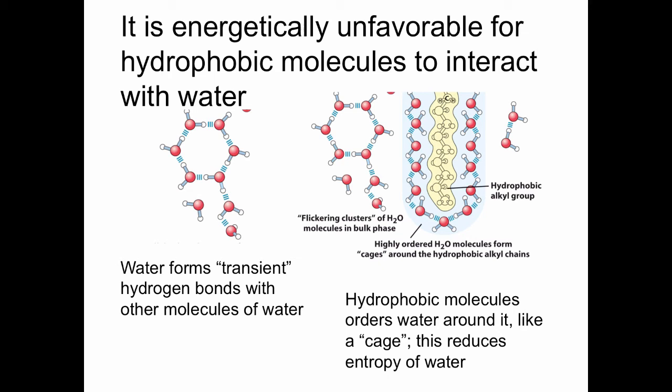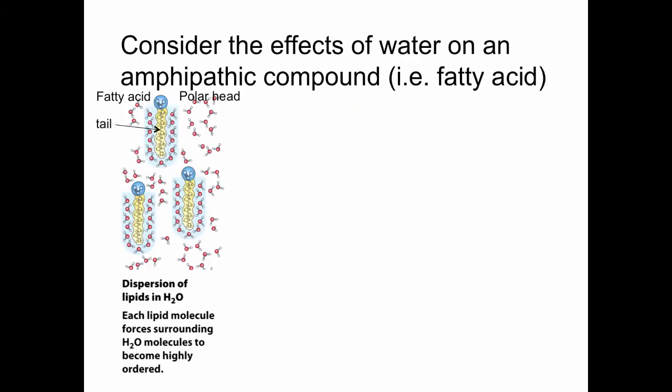Instead, these molecules force water to form a cage-like shell around the hydrophobic molecule to minimize interaction with water. This has the effect of ordering the water molecules around the hydrophobic substance, which then breaks the flickering clusters of hydrogen bonds with water and reduces the overall entropy of water. So this is an unfavorable interaction since entropy is being reduced.